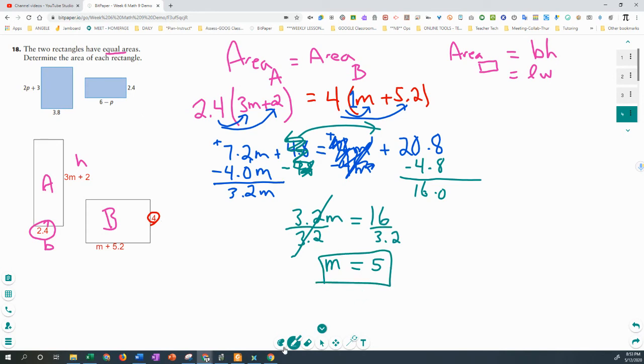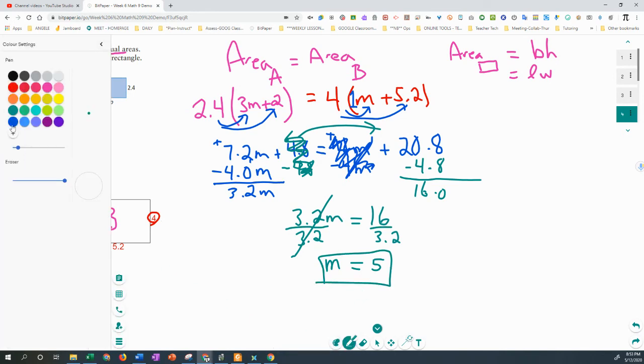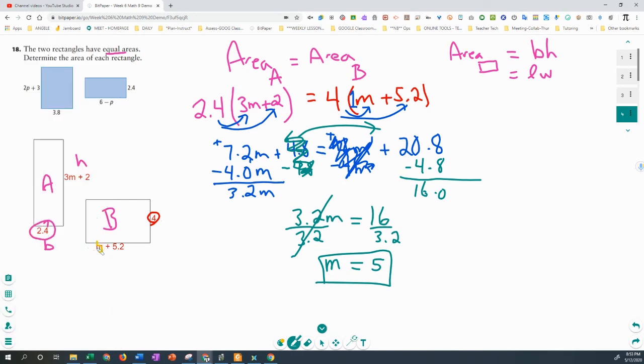Could we check this? Yes, we absolutely could. So we're saying the m is supposed to be a 5. And the m here, because there's a multiplying relationship, we better write some brackets in. So check this out. 3 times 5 is 15. 15 plus 2.